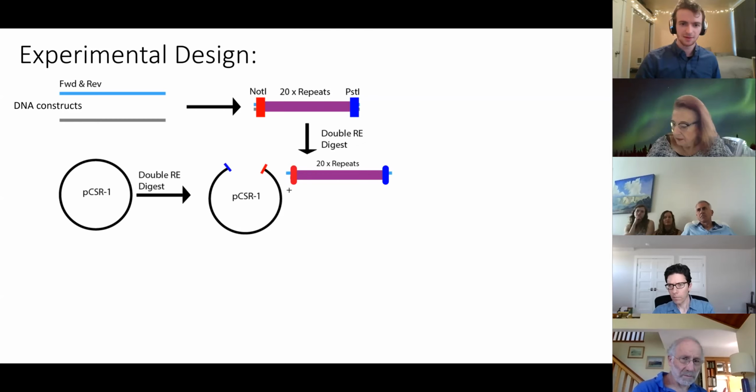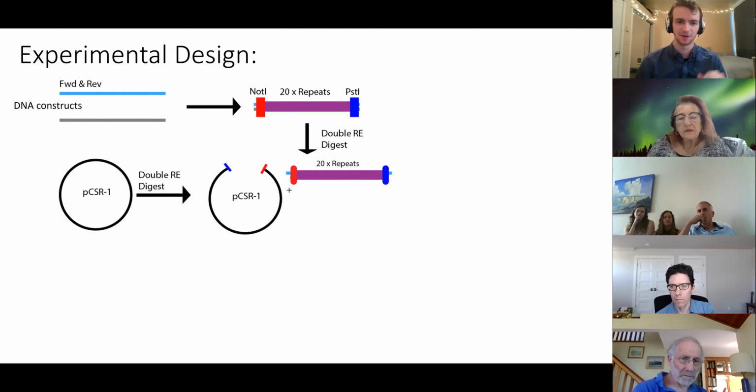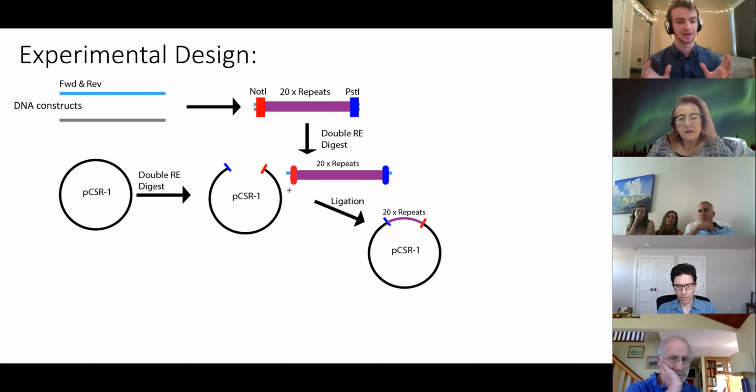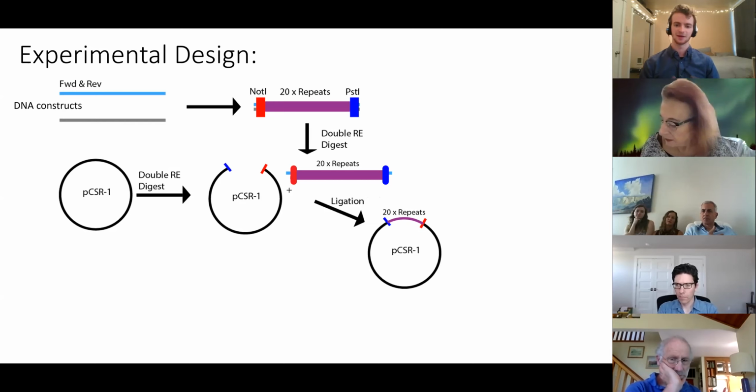So I cut both the plasmid and the repeat constructs with the same restriction enzymes, so that I could then glue them back together and make a new construct containing my DNA, able to be targeted to the CSR locus.